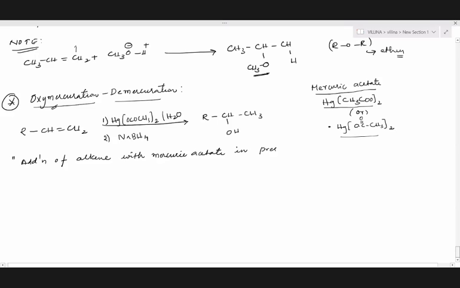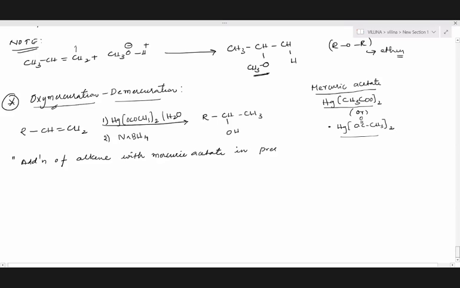So this is our alkene, and as I told you, it is a two-step reaction, which means we will be using two different reagents. The first will obviously be a mercury-related compound. So we will be using mercuric acetate, Hg(OCOCH3)2, or you can write Hg(CH3COO)2, in presence of water.